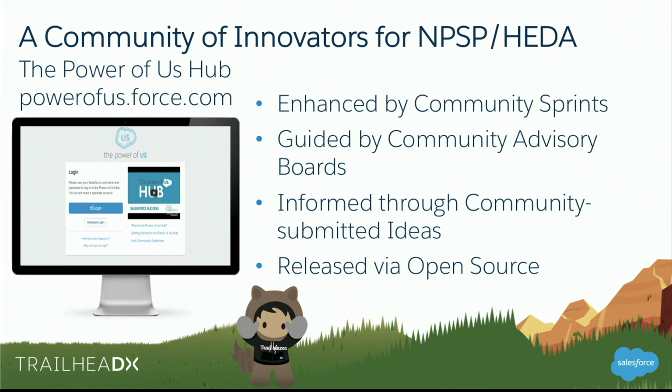And you as staff can learn how to do a lot of stuff by joining us on those sprints. We have advisory boards. I mentioned I was on the Nonprofit Success Pack advisory boards, and that is to elevate both the voice of our customers and partners to these applications. We have our own idea exchange that are explicit to these applications. And lastly, our open source is all released and accessible and attainable on GitHub.